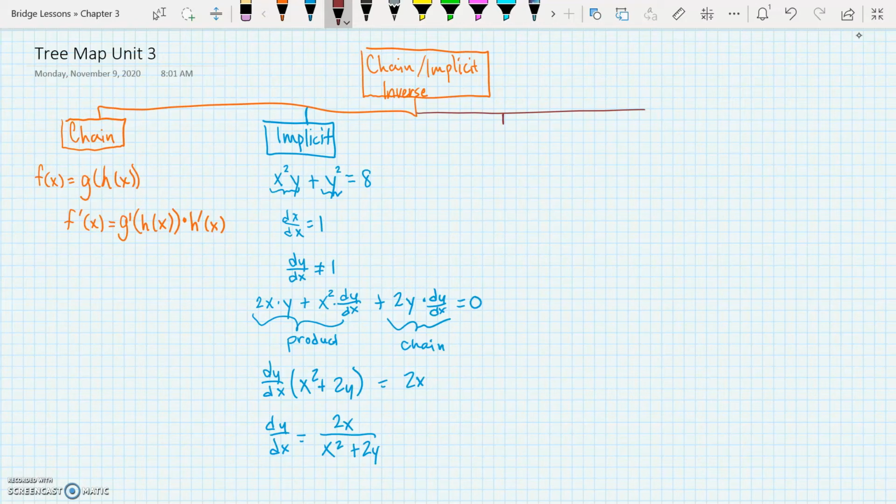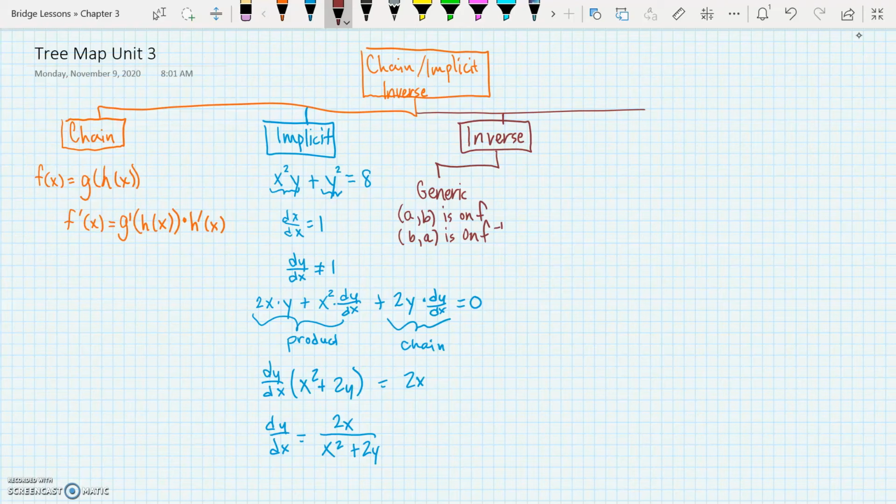Using the skill of chain rule and implicit, we were able to show inverse derivatives, and so we had inverse and we also had inverse trig. So just generic inverse, we were able to show that if a comma b is on our function, then b comma a is on the inverse by definition of the inverse.